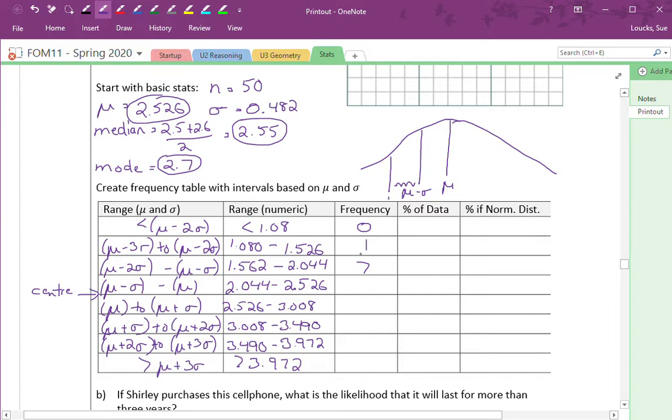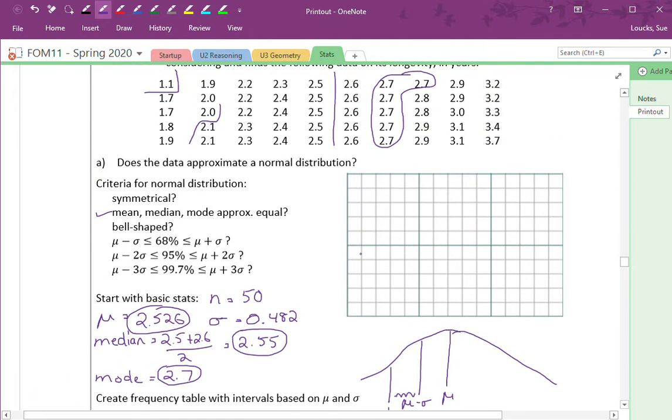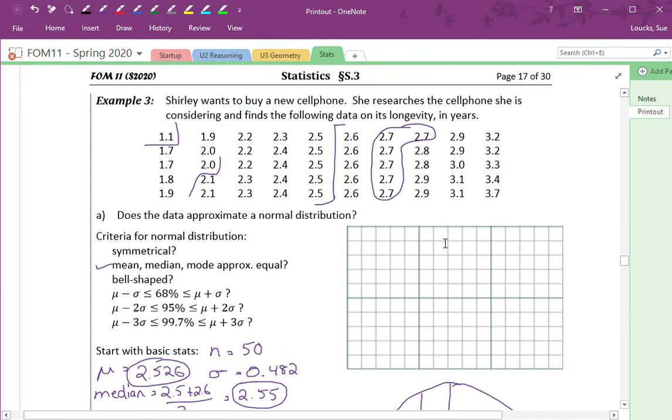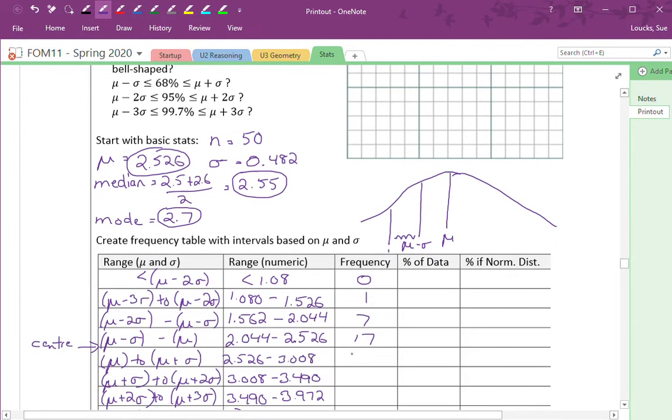How many are between there and the mean, 2.526? That would be to here. So 5, 10, 15, 16, 17. How many are between there and 3.008, which is here? 5, 10, 15, 16, 17, 18.